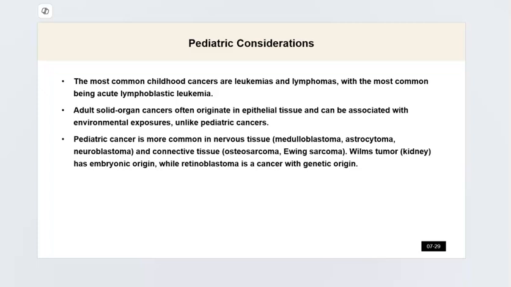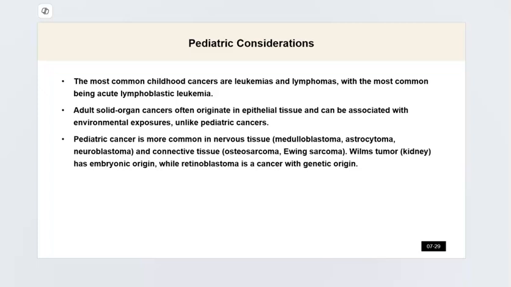This is a pretty good condensed version of pediatric considerations. The most common childhood cancers typically tend to be leukemias and lymphoma. Adult solid organ cancers often originate in epithelial tissue and are the carcinomas. That is what can separate them from pediatric cancers.